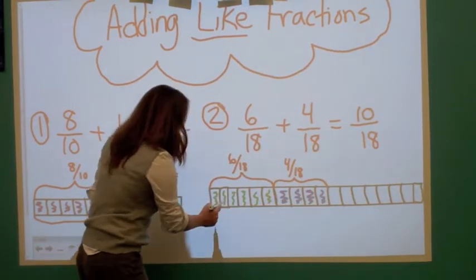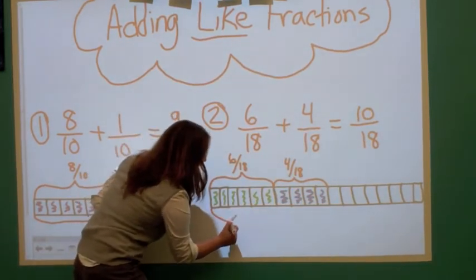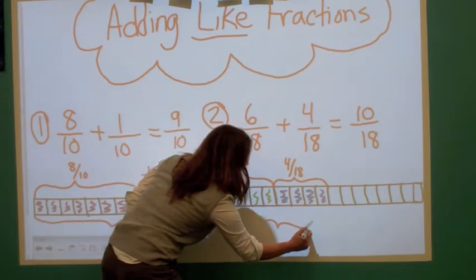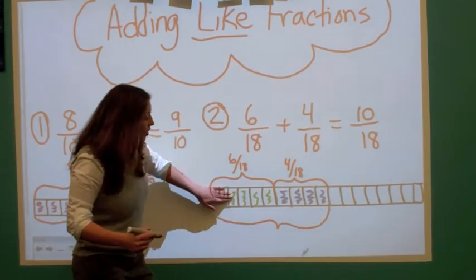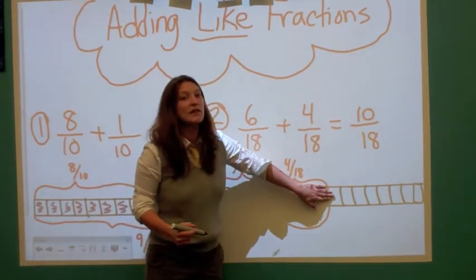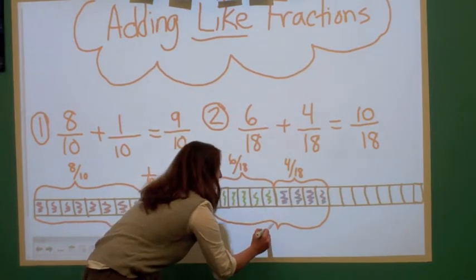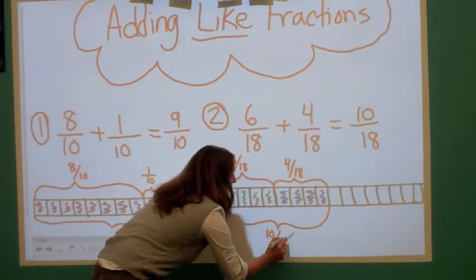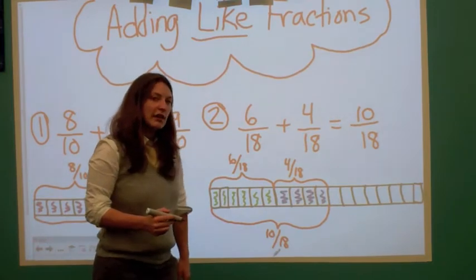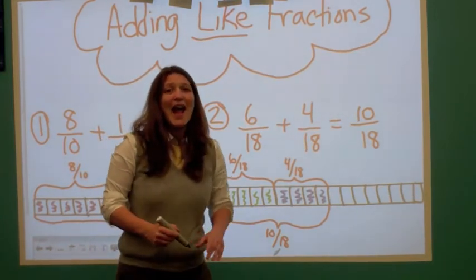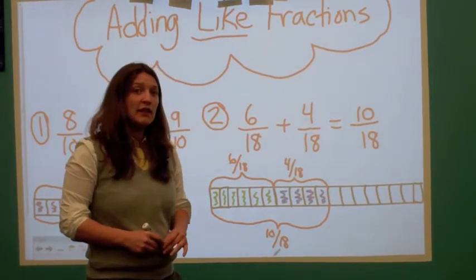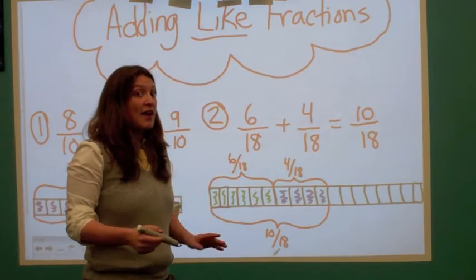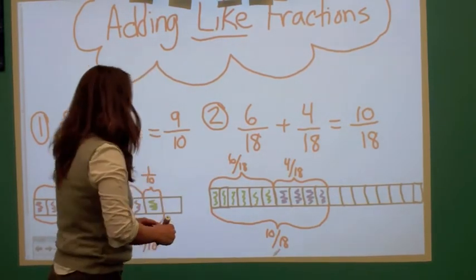That means if I am adding up all of these colored pieces, that would give me 10 out of 18 pieces colored. That's how we add like fractions. Now we're going to add unlike fractions.